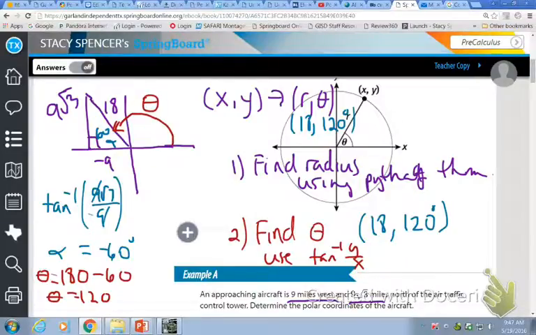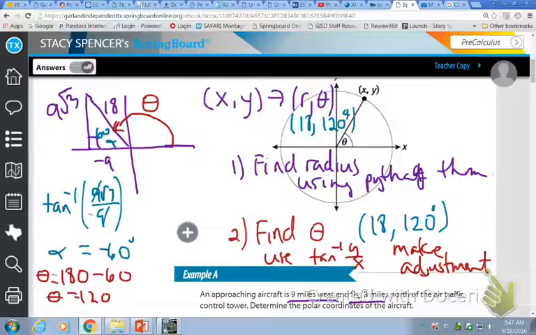And then once you find that, according to your quadrant, make your adjustments. In this one, since we were in quadrant 2, we subtracted the alpha from 180.